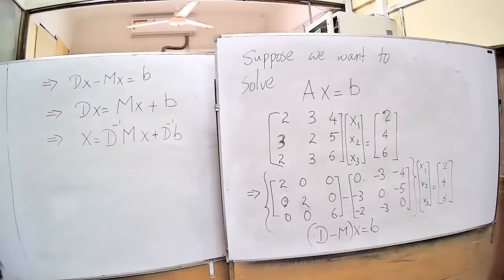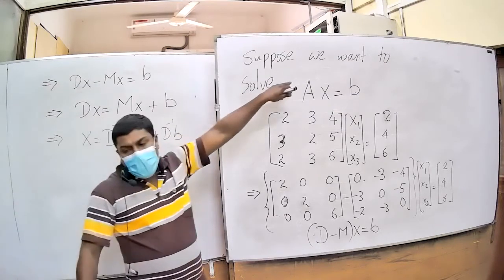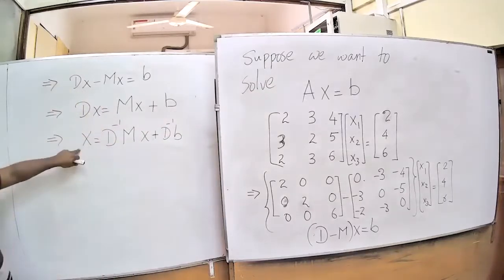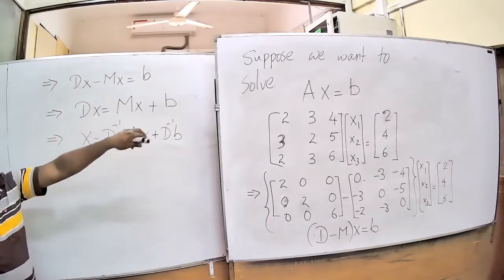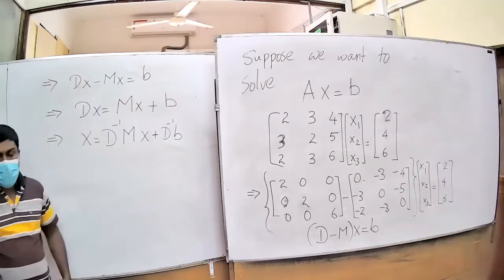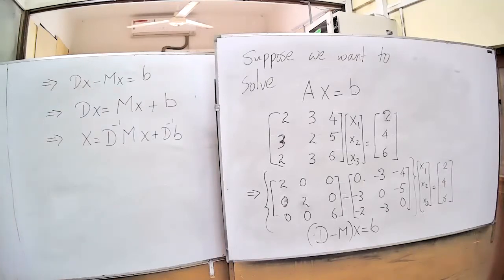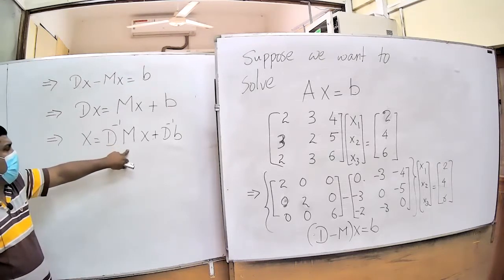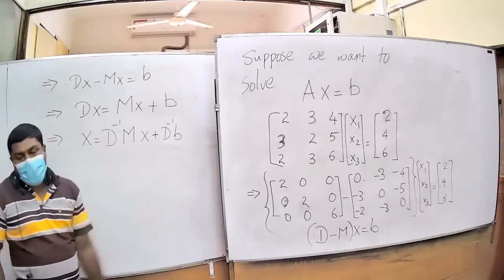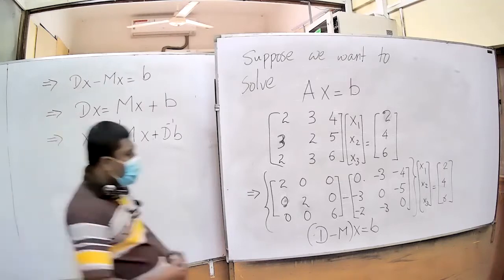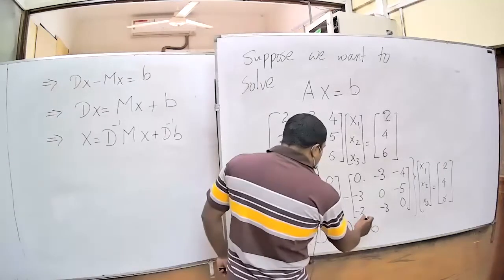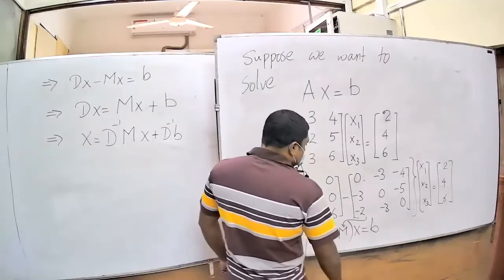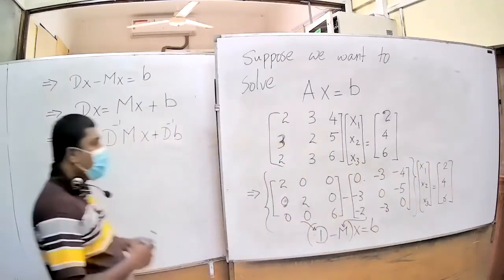So I start with Ax equal to B, and I ended up with the same equation, just modified. By just modifying it, I ended up with X is equal to D inverse M times X plus D inverse B. This is your M and this is your D, and B is the same.